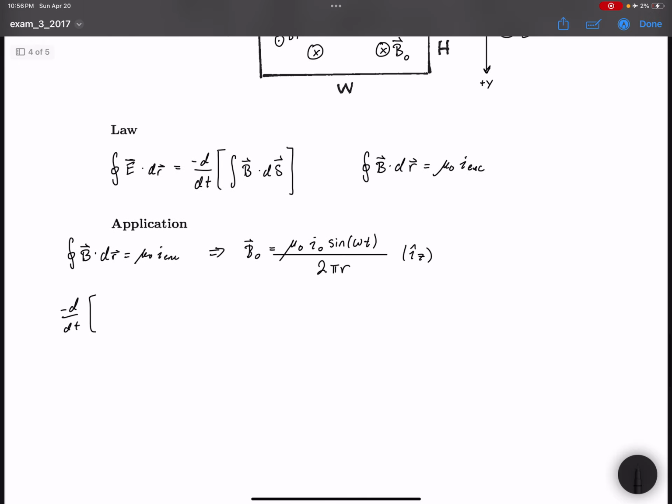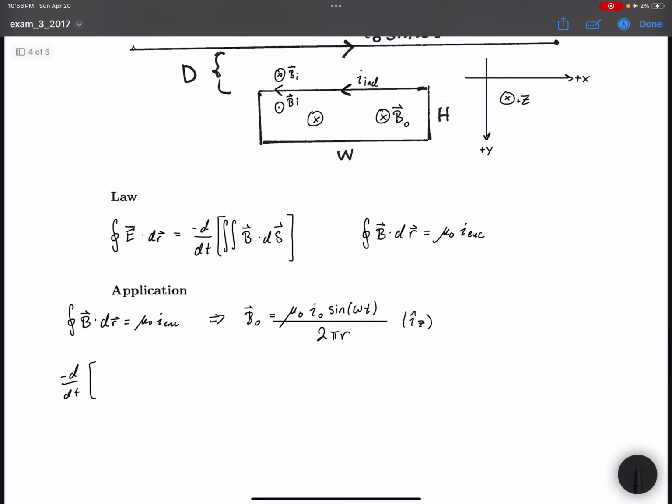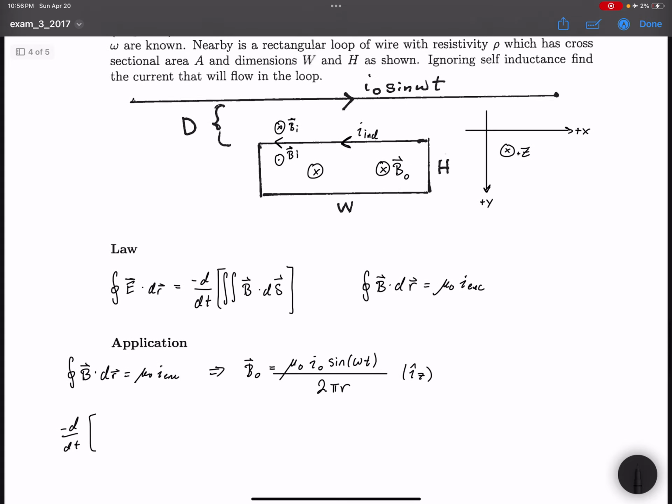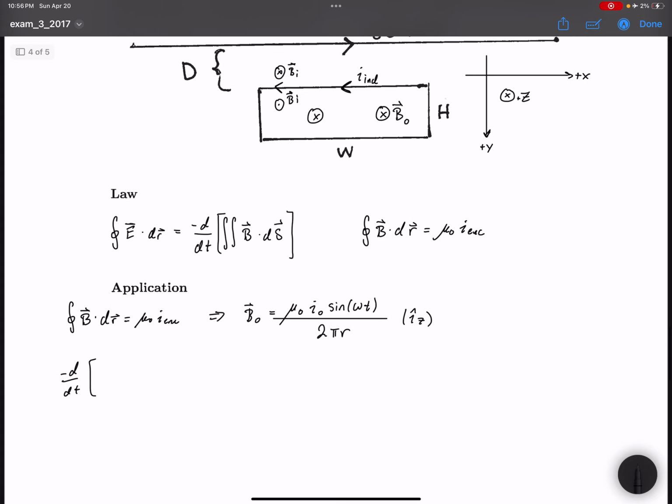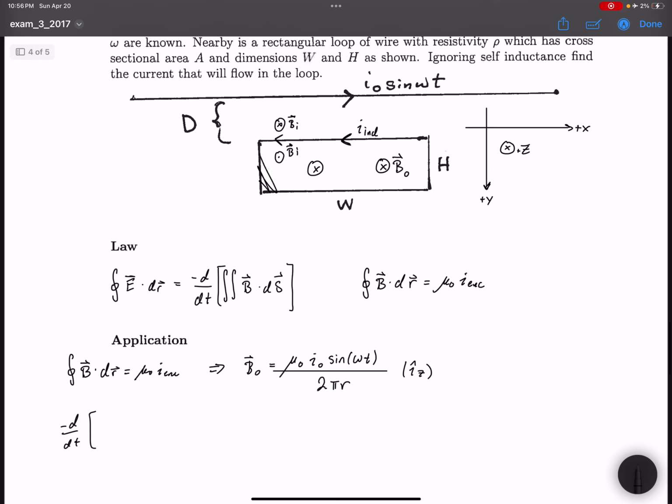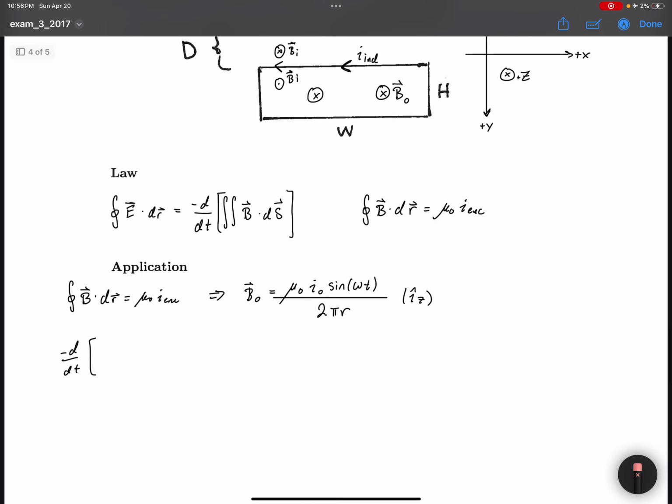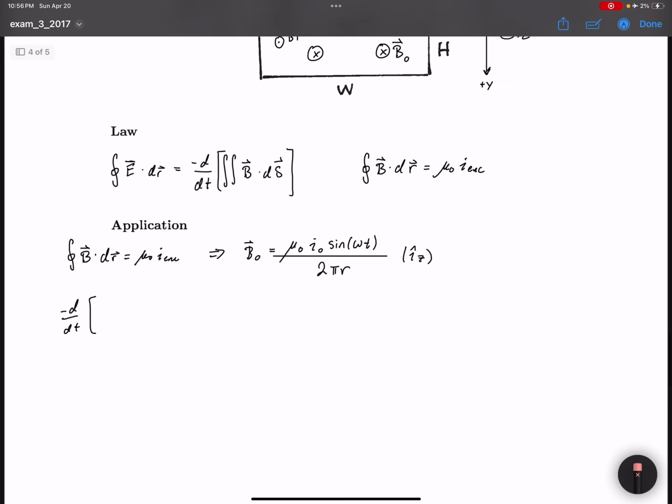One thing that can sometimes be weird about these is we do have to take a double integral here, because we need area, since we're concerned with the area through which the magnetic field lines are going. H and W are the dimensions of the loop.